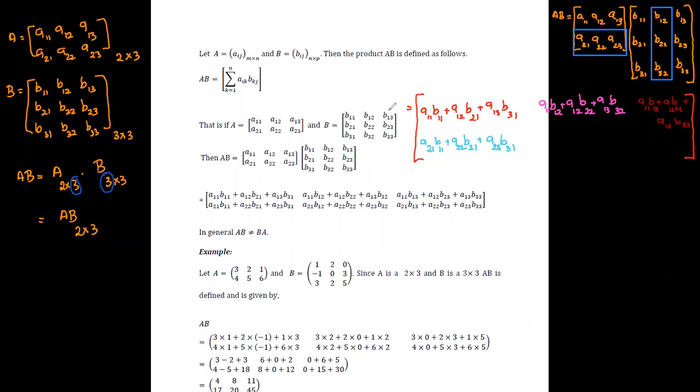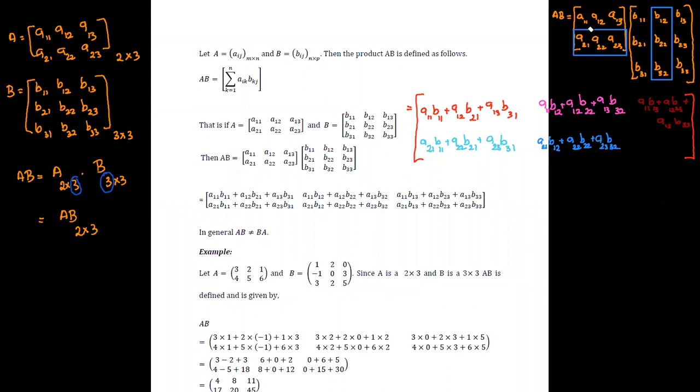Then if you perform the calculation, we will have this as A21 multiplied with B12 added to A22 multiplied with B22 added to A23 multiplied with B32. Likewise, we have obtained the multiplication of the second row with the second column.